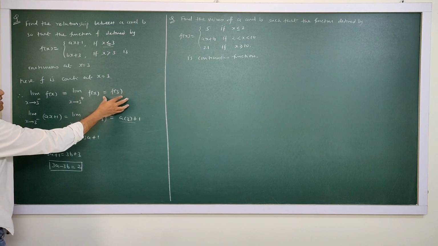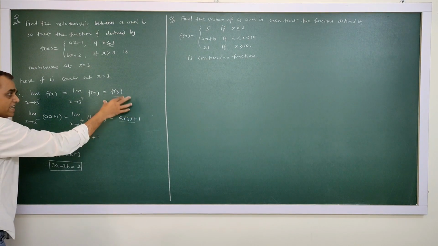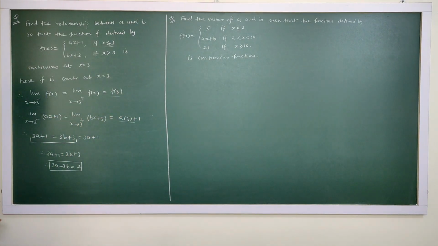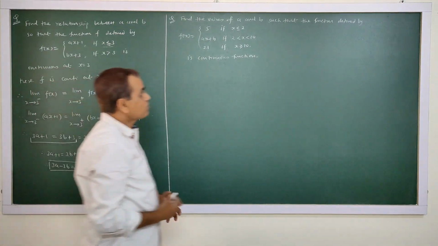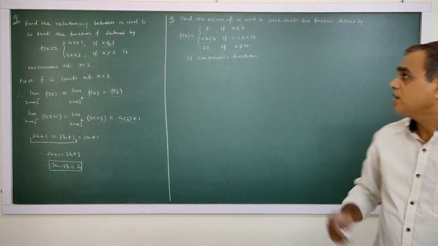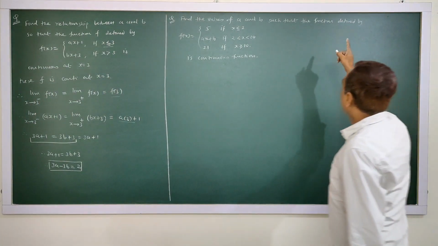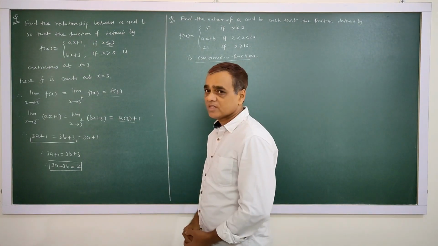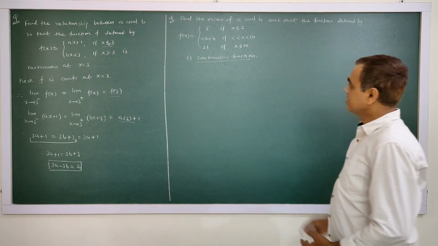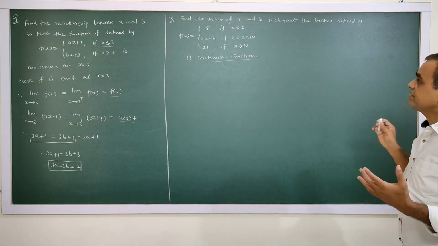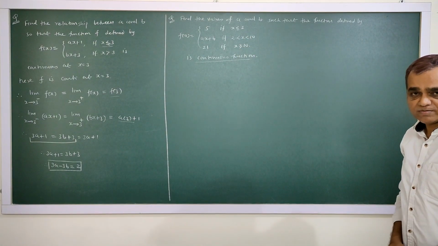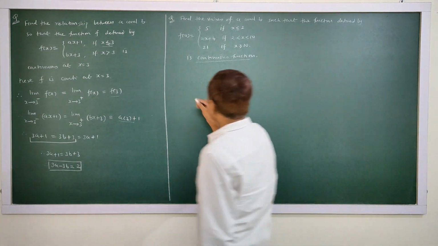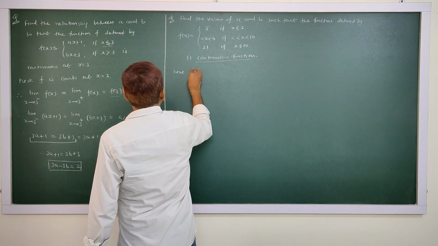So this part can be removed, not necessary. Now in this question, the function is continuous. Given this function is continuous, find a and b such that the function defined by this is continuous. Here f is continuous.